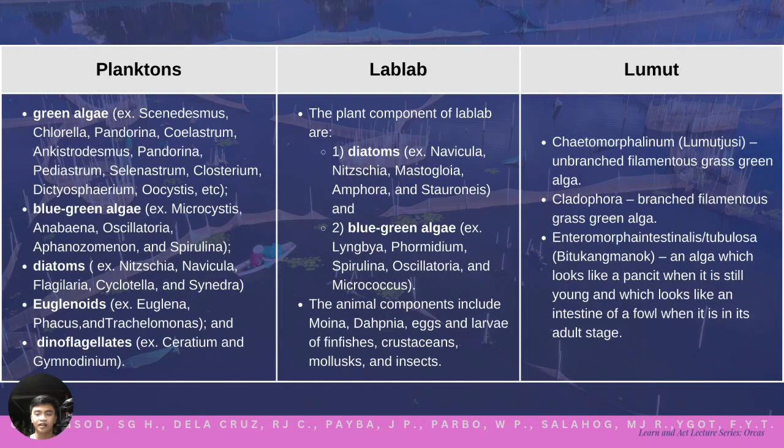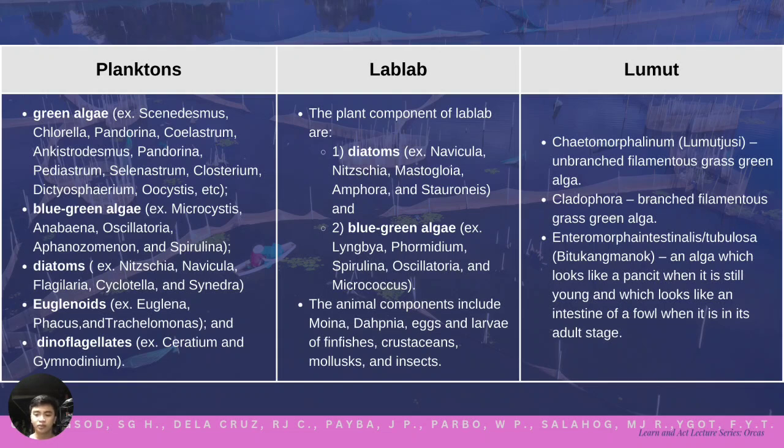Examples of these are Navicula, Mastogloia, Amphora, and Stauroneis. And second, the blue-green algae. Examples of these are Phormidium, Spirulina, and Micrococcus. The animal components include the moina, daphnia, daphnia eggs, larvae of finfishes, crustaceans, mollusks, and insects.